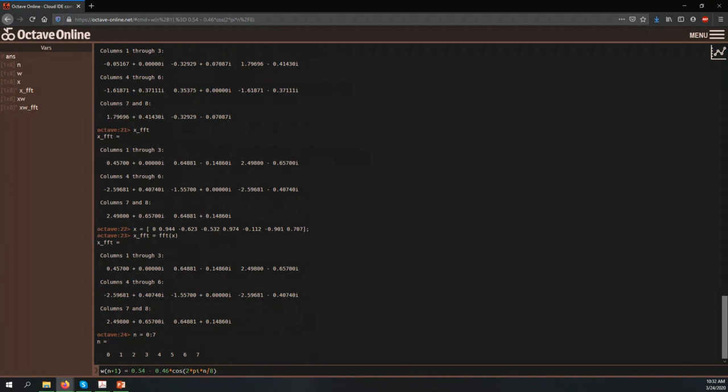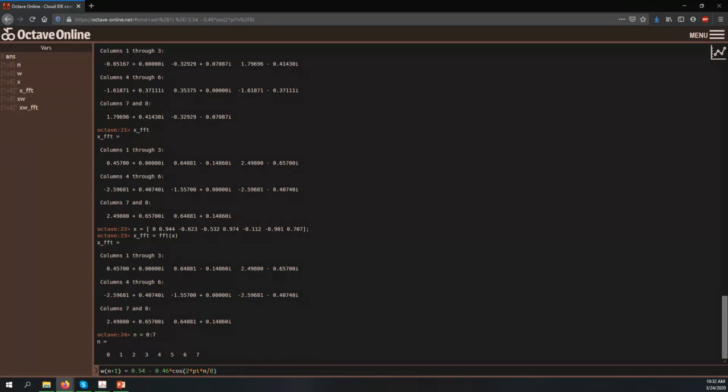So we know that our window function is going to be 0.54 minus 0.46 multiplied by cosine of 2 pi k divided by N. In this case, k will be going from 0 to 7, which is our n vector here, and capital N will be 8, representing the amount of values we have here.